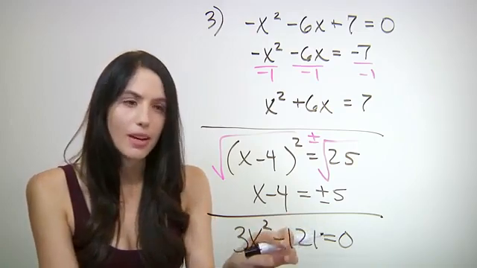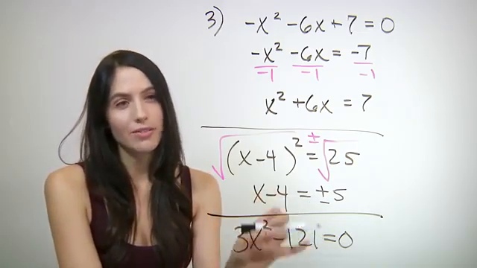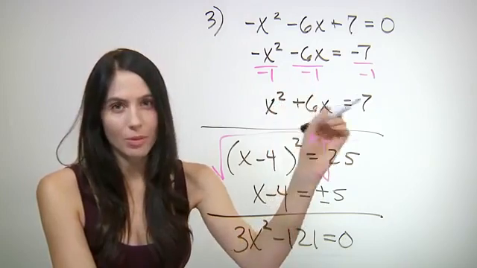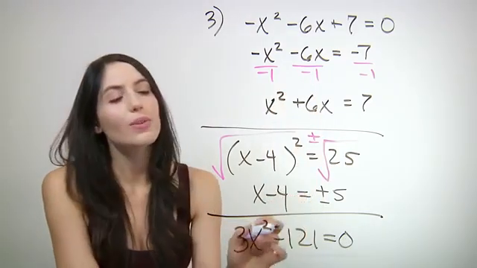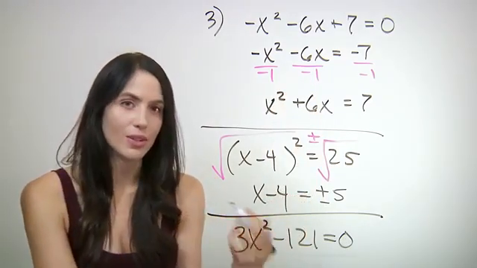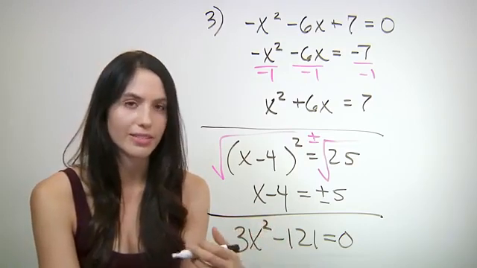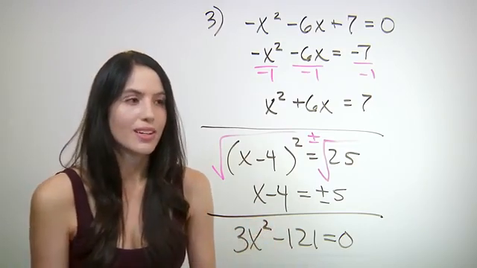If there's no x term there, you have no coefficient to use when adding a number to both sides. So you can't complete the square if it looks like that. You'll have to use another method, so factoring, quadratic formula, something like that.